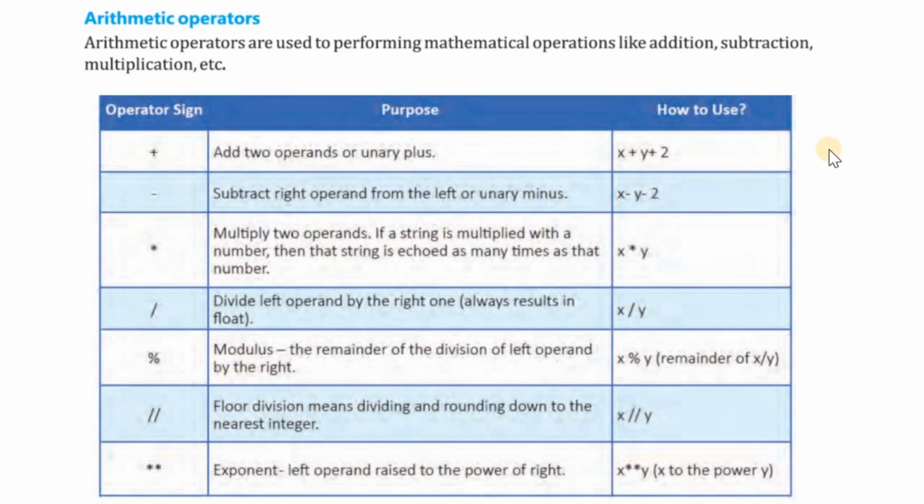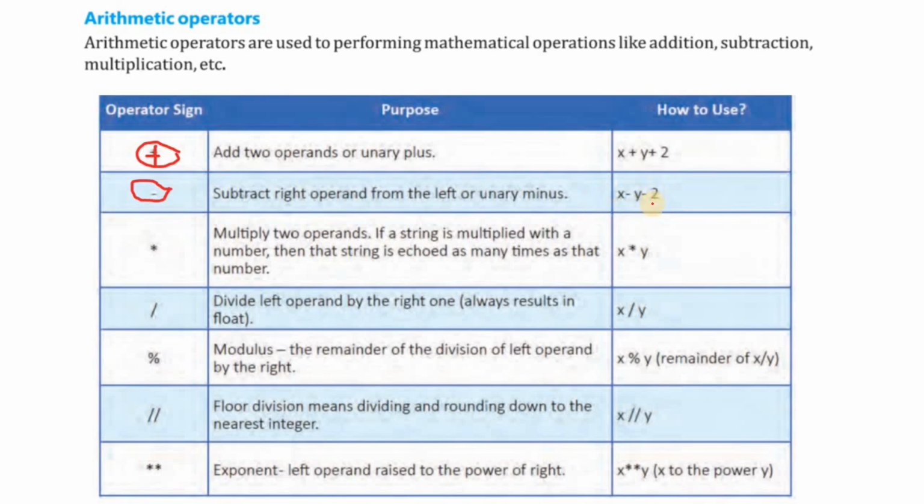Okay, now talking about arithmetic operators, we have this addition, right, which is denoted by this plus sign, and it basically adds two operands, as you can see over here, x plus y plus 2. Next we also have the subtraction operator.